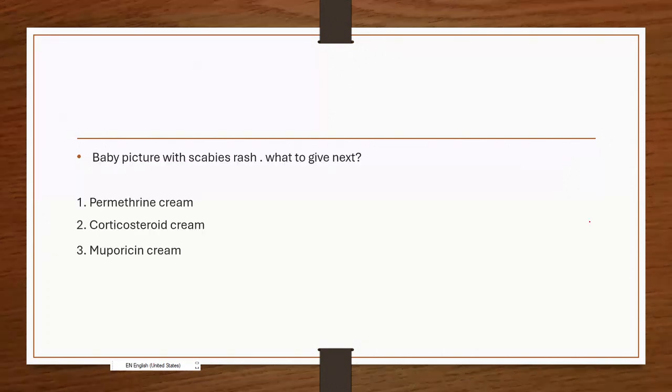Okay, baby's picture with a scabies rash was given. What to give next? 1 permethrin cream, 2 corticosteroid cream, 3 mupirocin cream.